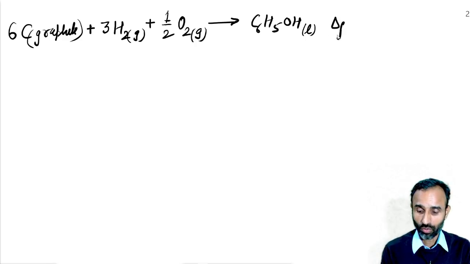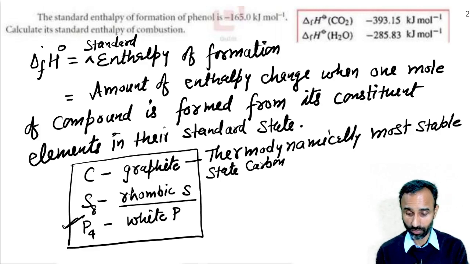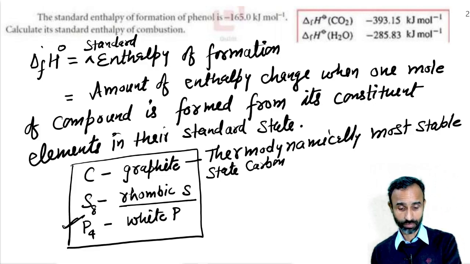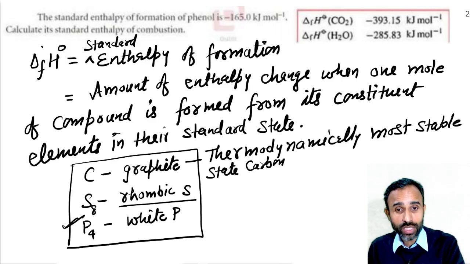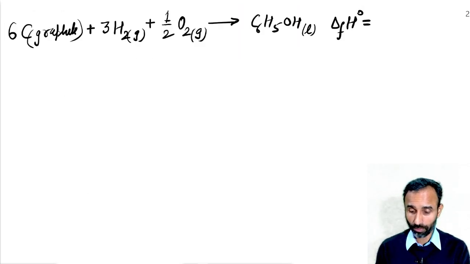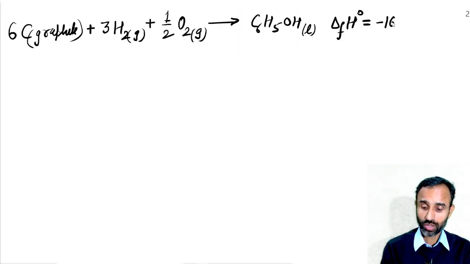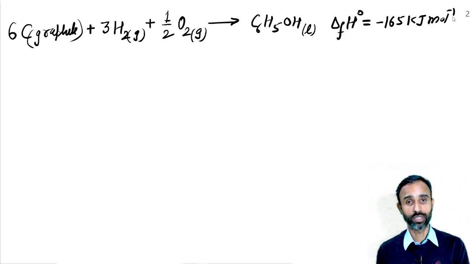So now the standard enthalpy of formation is given to us. It is given as minus 165 kilojoule per mole. So this is the equation for the standard enthalpy of formation of phenol.